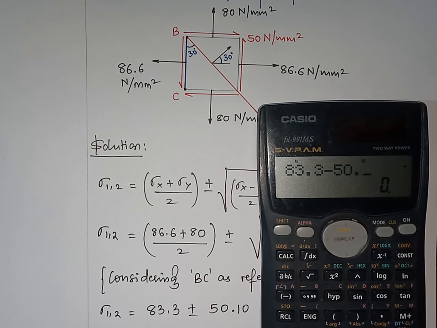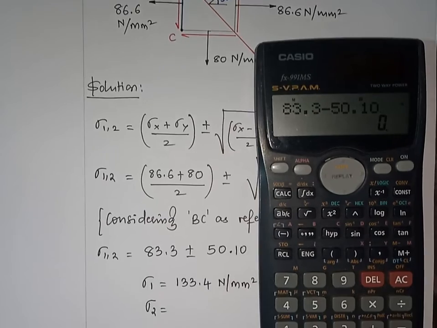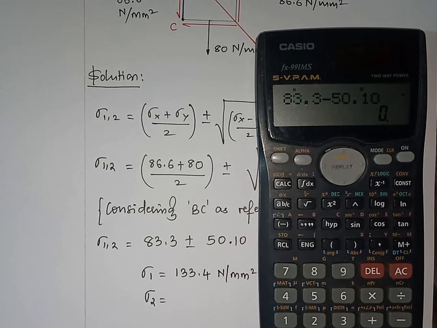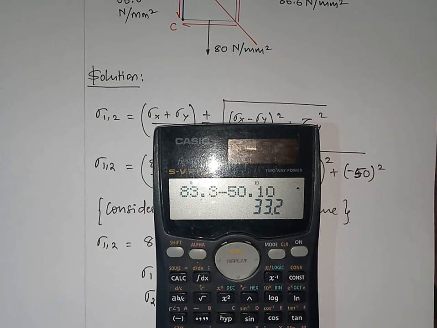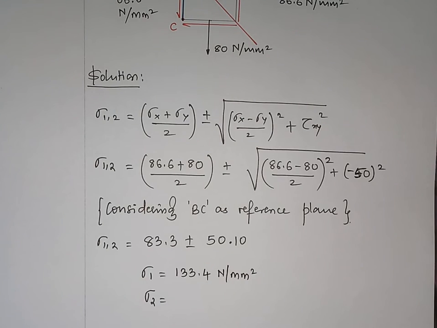So let me check out how much we are getting. I'm getting the value as 33.2, right? So this value is 33.2 Newton per mm square. Okay, now once this is done, I'll go for the second step, which is I need to find out the orientation of principal stresses.